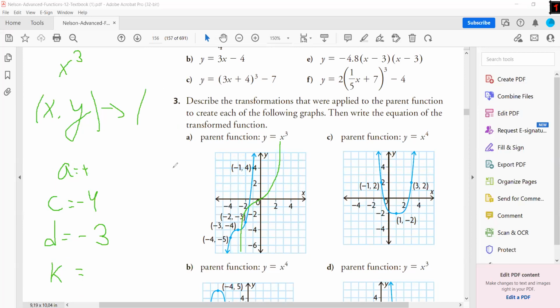And let's take the point -1 and 4. If we apply these transformations in inverse, so instead of subtracting, we add them to these coordinates.